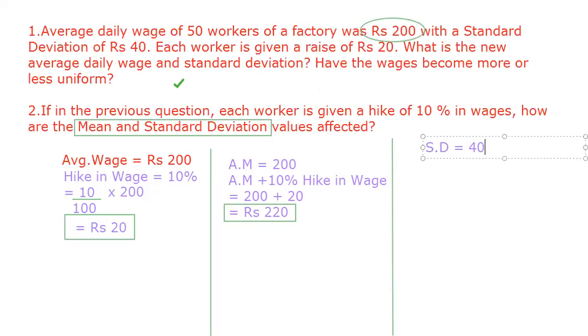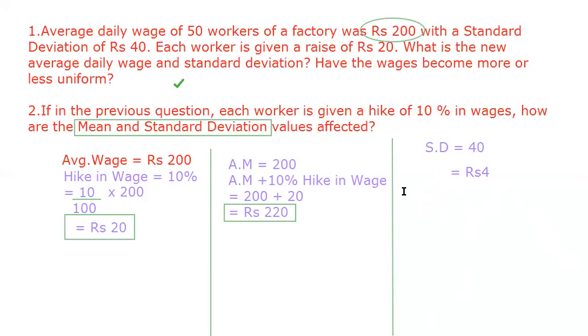So we have to find the 10 percent hike. What is the 10 percent hike? The 10 percent of 40 rupees is equal to rupees 4, right? Yes or no? So what about our new standard deviation?